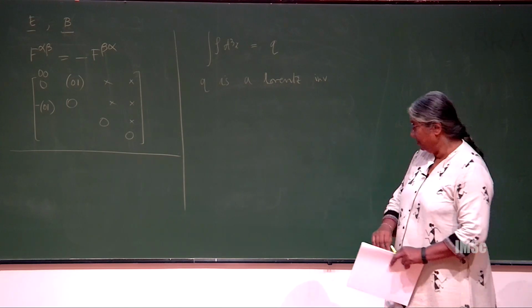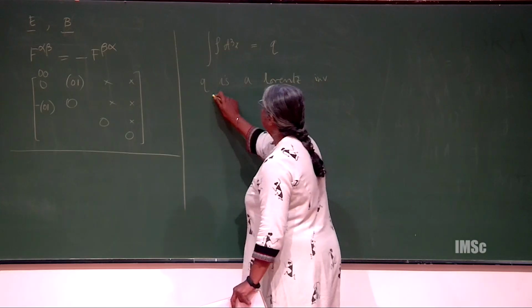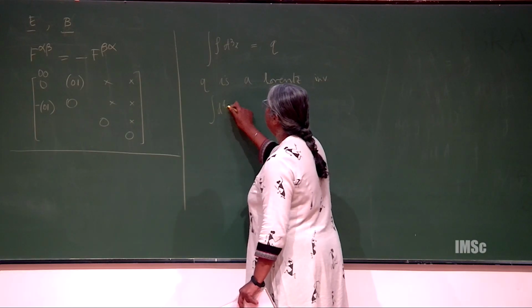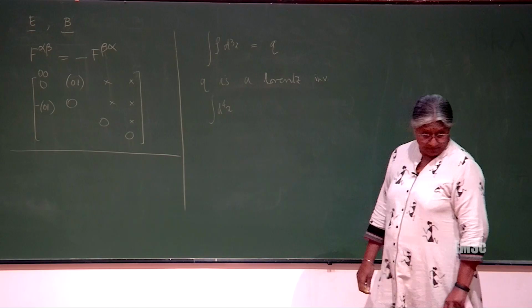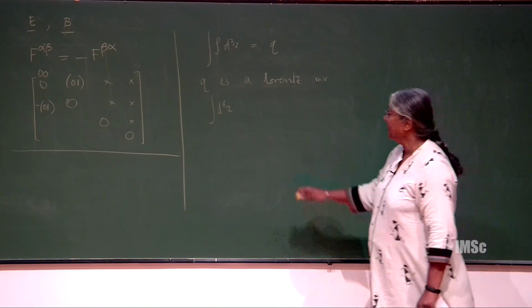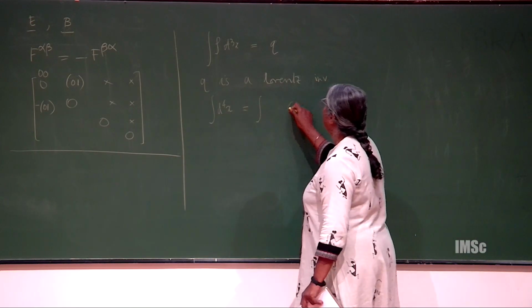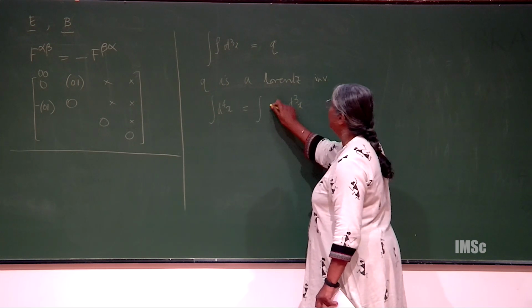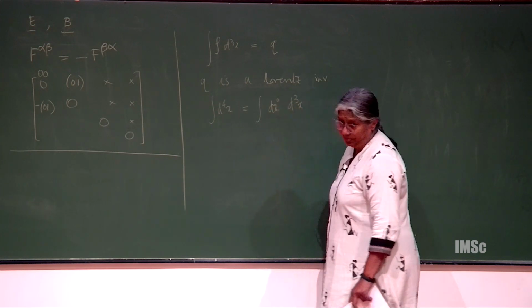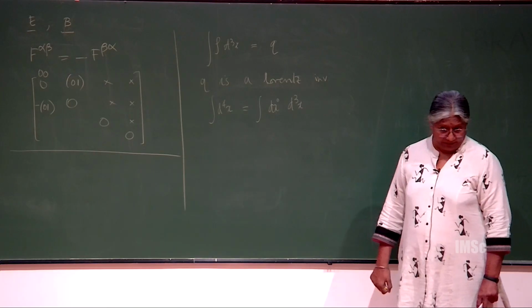But then you see that rho d cubed x looks similar to a 4-dimensional volume of our space time, which I can write as the usual 3-dimensional volume times the volume due to x naught, right?